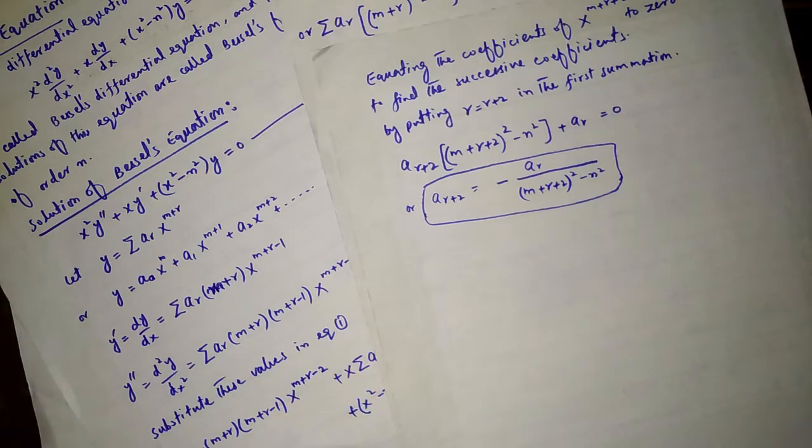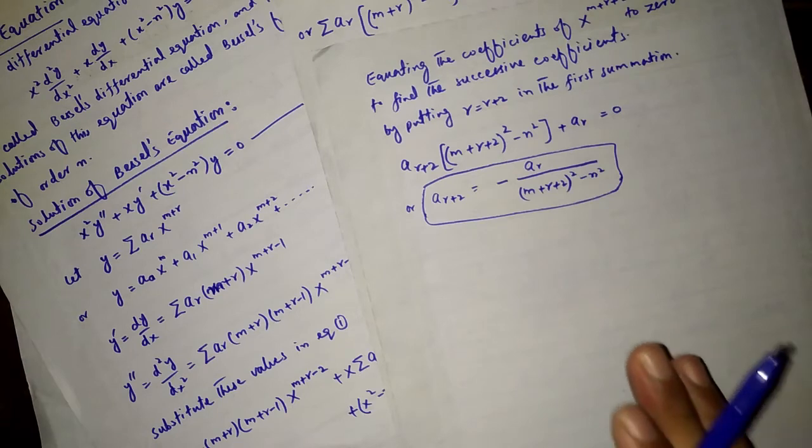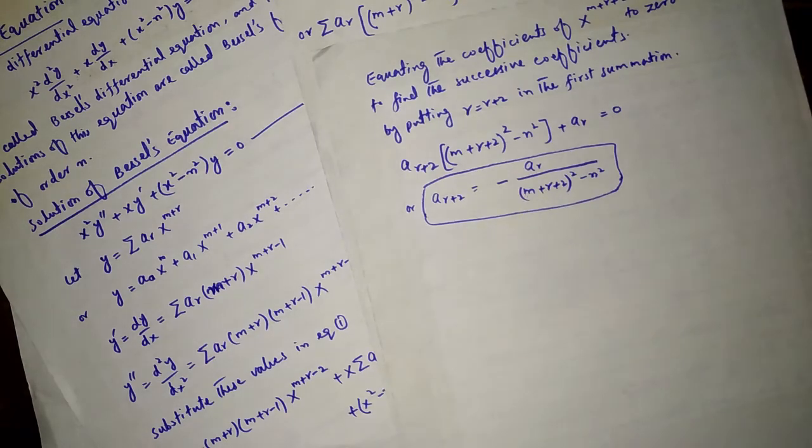We already find a0, then we find a1 is equal to 0, then we have to find a2.